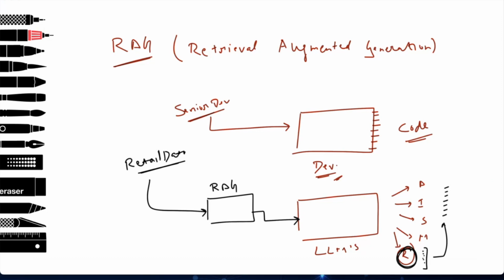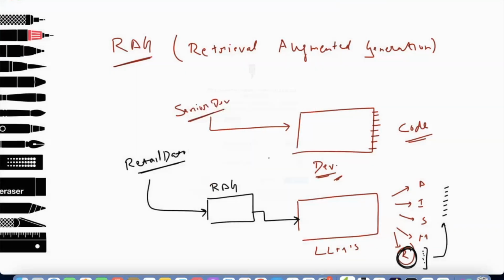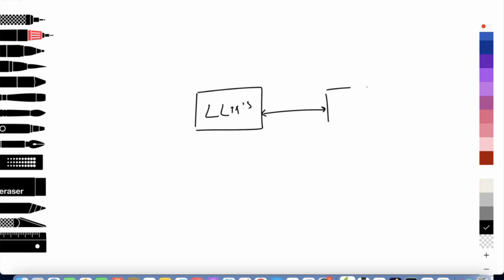Now, when you talk about real applications, you will always see things like this. You will be having LLMs. They might be using foundational models because they are built on foundational models, and they will be supercharged by RAG.